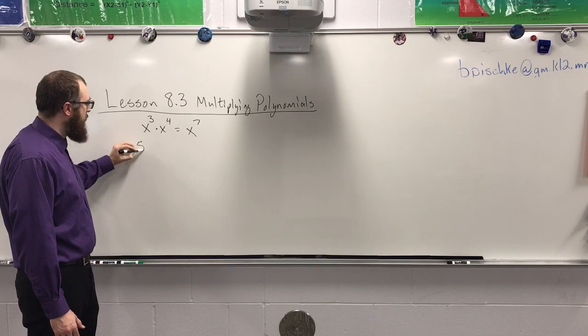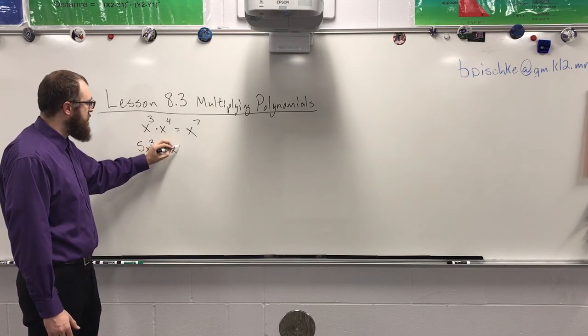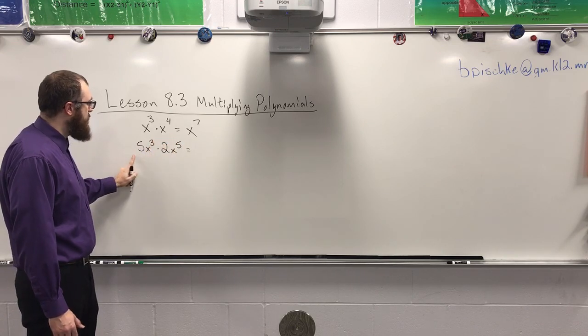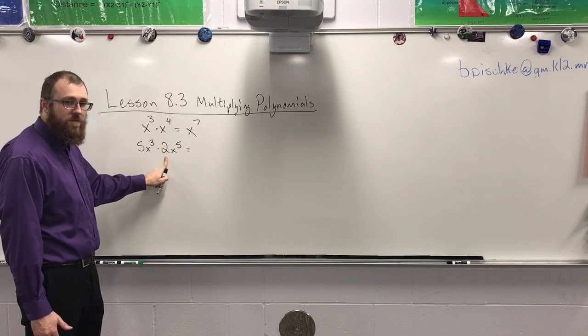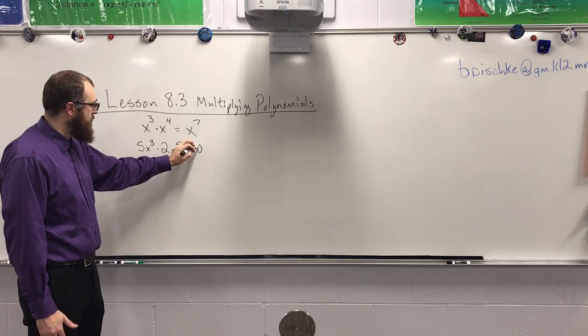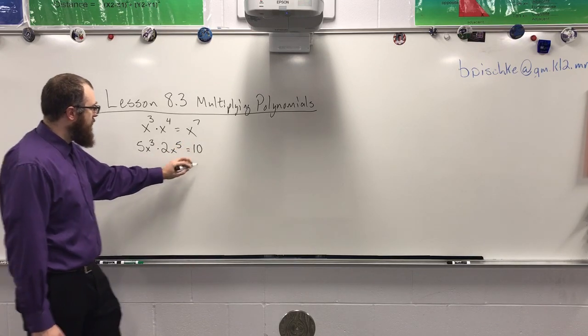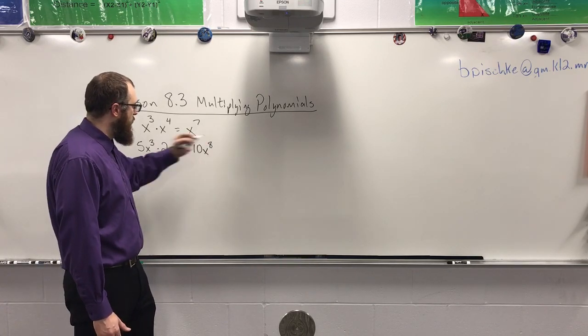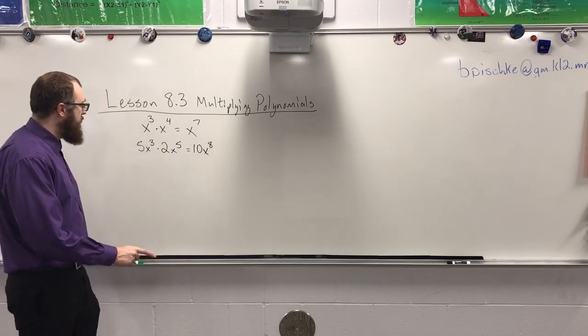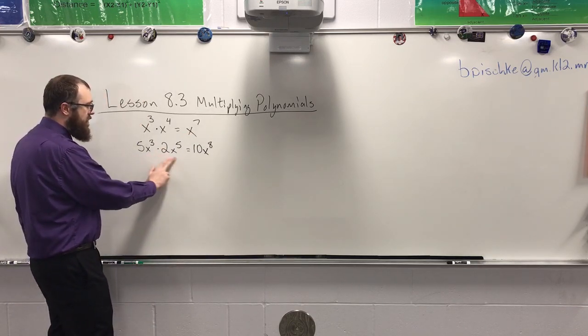Likewise, if we had 5x to the third times 2x to the 5th, that would be 5 times 2, coefficients first, 10, 3 and 5 makes x to the 8th. Multiply the coefficients, add the powers.